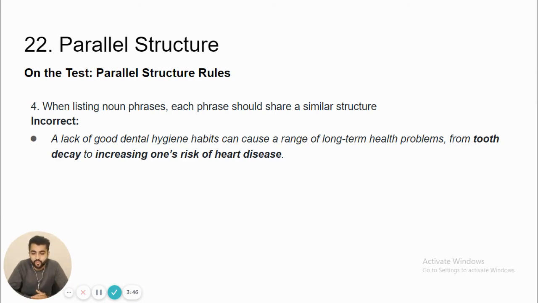So either they should both be an ing form of the verb, or both of them should be a noun. So let's correct this. "A lack of good dental hygiene habits can cause a range of long-term health problems, from tooth decay to an increase in one's risk of heart disease." Increase is a noun.